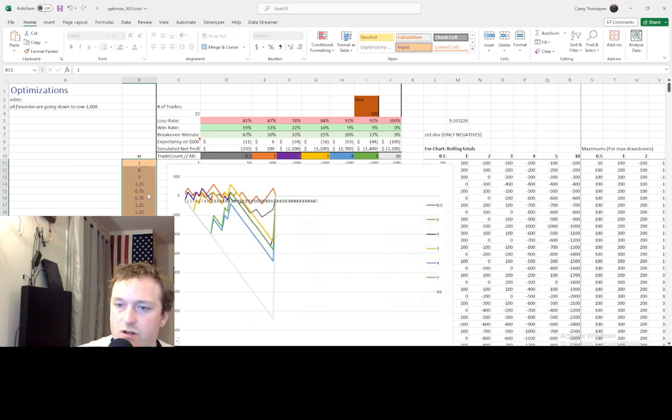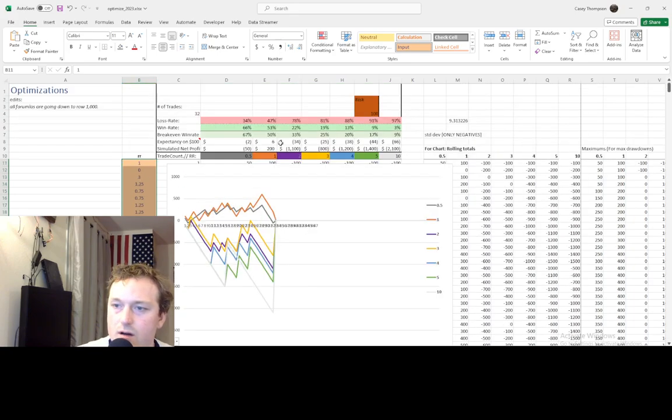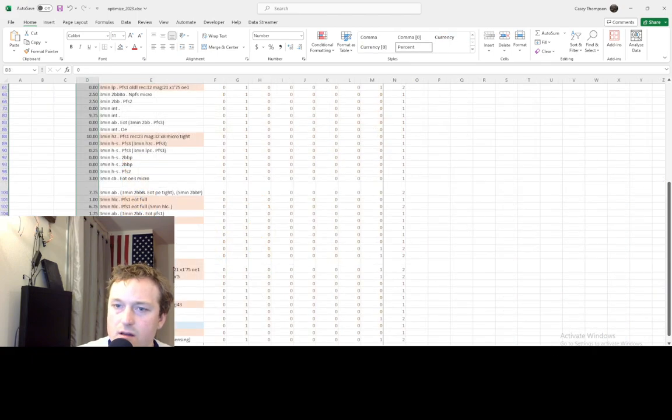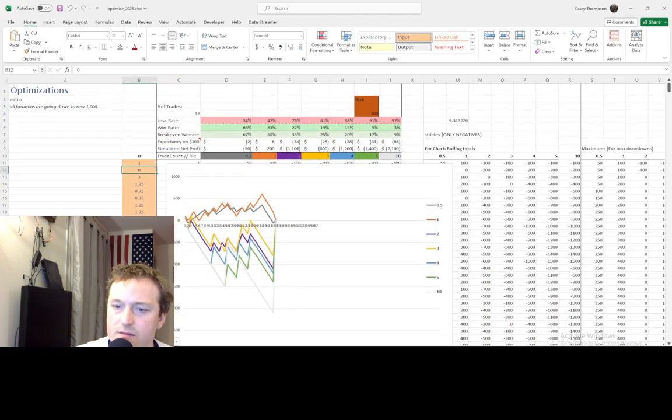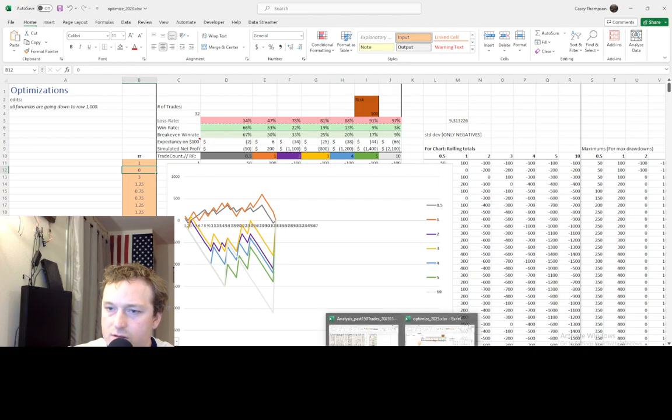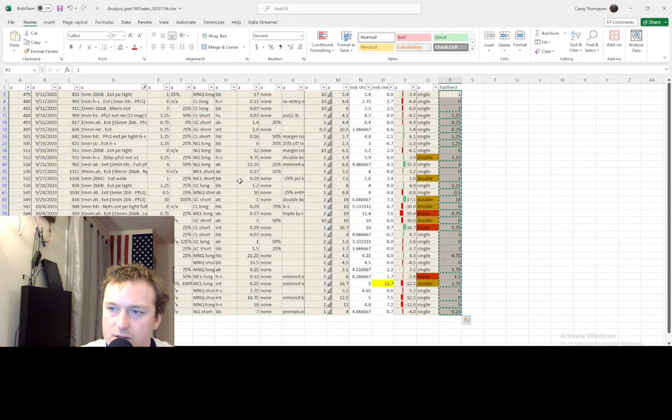So on end of trend trades, you're generally, what? Is this the same exact thing? This is the same exact thing as intuition. 6. No way. 32 trades too. Is this something messed up here?